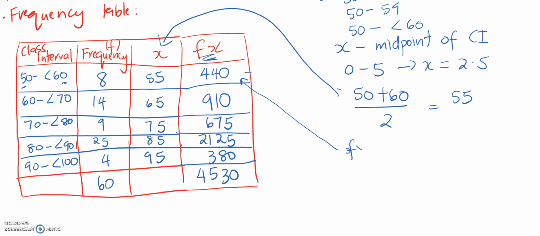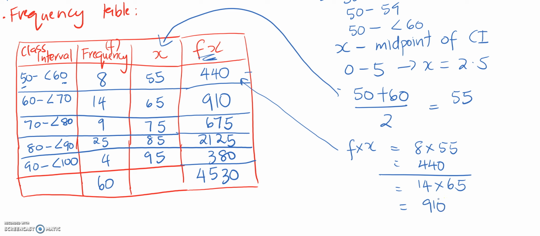Fx means f times x. So what we have done to get 440 is 8 multiplied by 55. Likewise for the second one, it was 14 times 65, which was 910, and so forth.